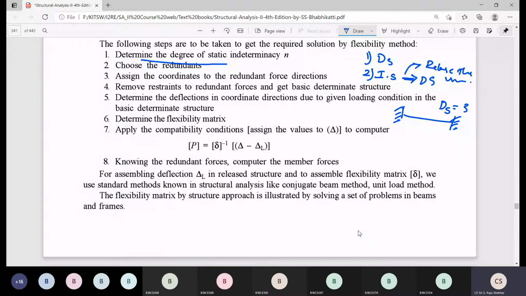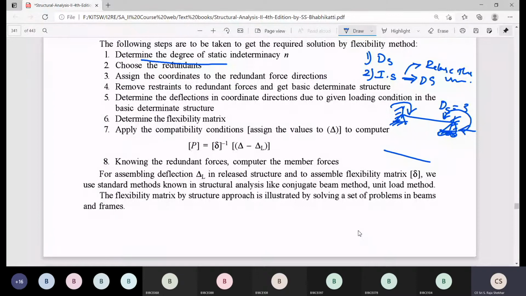By releasing 2 moments, and by releasing another vertical and another horizontal reaction, it will convert into a determinate structure. If you draw the released structure, this will be the released structure.